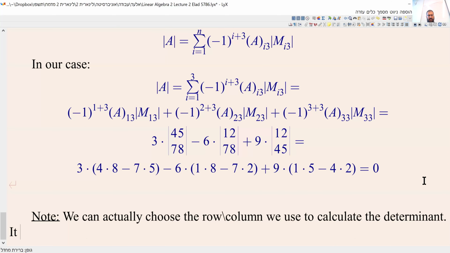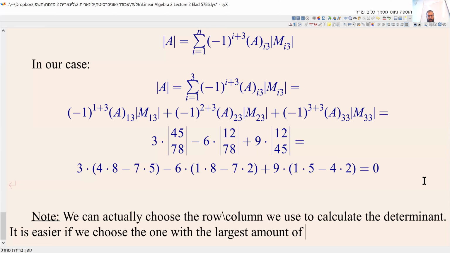It is easier if we choose the one with the most zeros, with the largest amount of zeros.